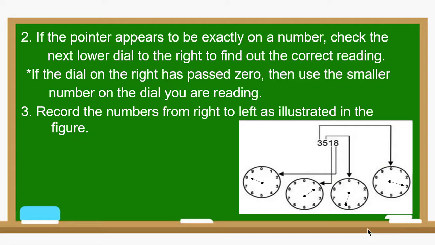If the dial on the right has passed 0, then use the smaller number on the dial you are reading. Number 3, record the numbers from right to left as illustrated in the figure.